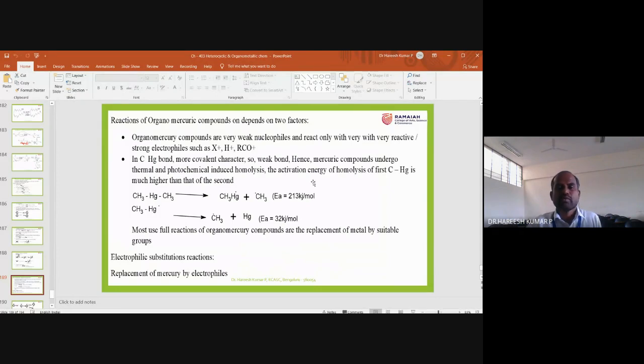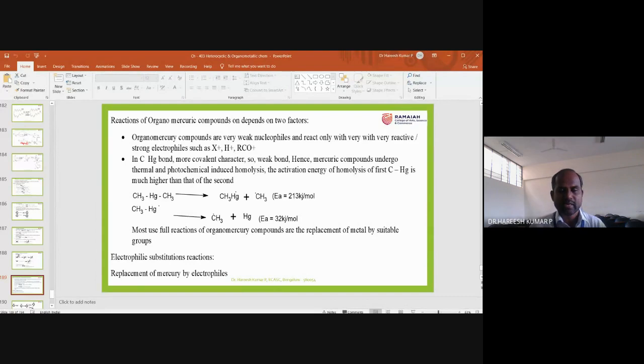So now with this information, we'll go to the electrophilic substitution reaction. I think you are aware that aromatic compounds exhibit electrophilic substitution reactions. Here we are looking at the replacement of mercury by electrophiles.